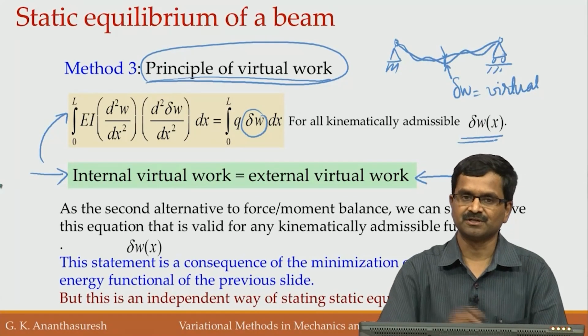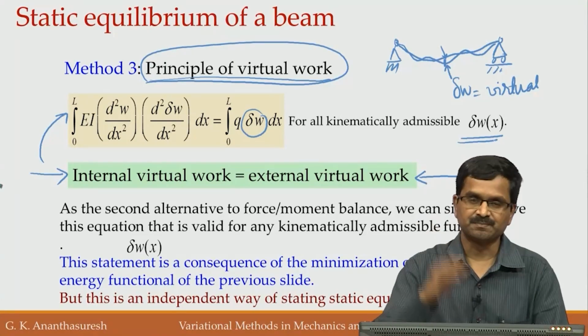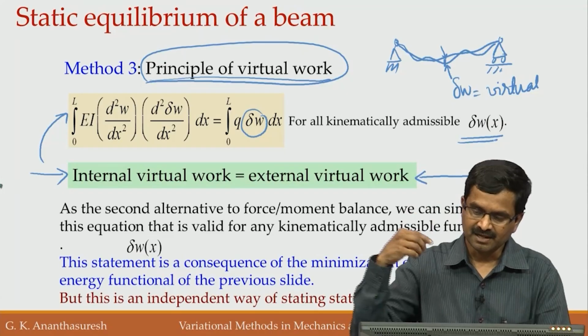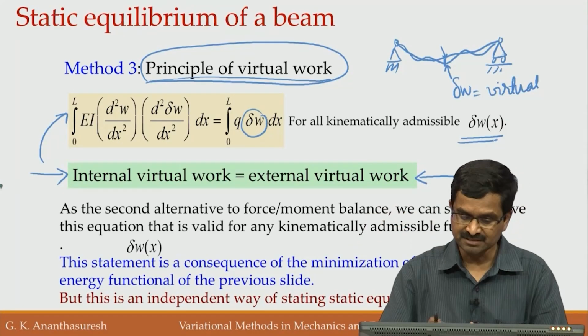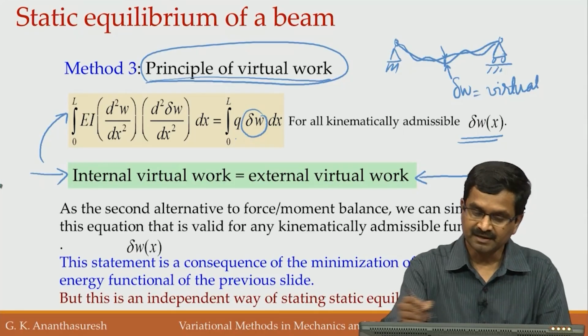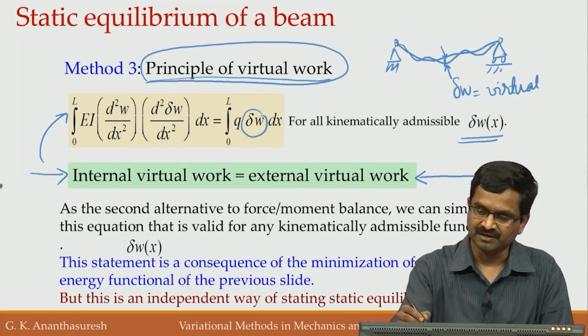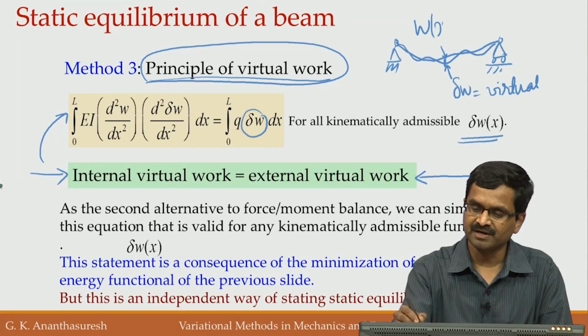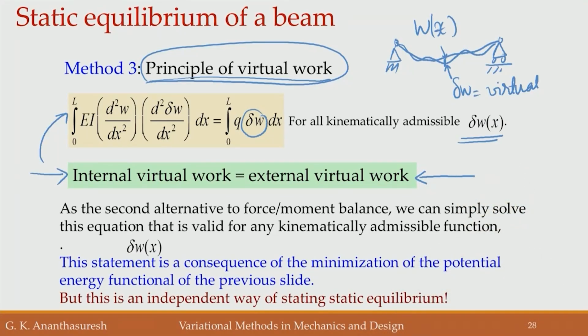That is a perturbation that we considered. The virtual displacement, something that we imagine, can be arbitrary, that means our imagination can be arbitrary. If this holds good for any of them, then the W of x that we have taken is the static equilibrium solution. That is what this principle of virtual work says.